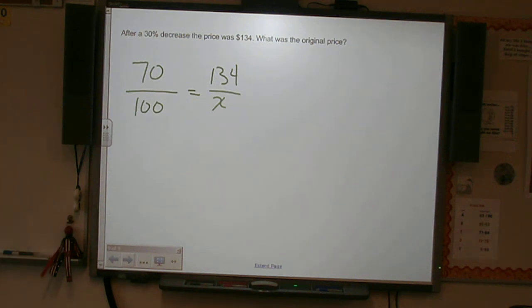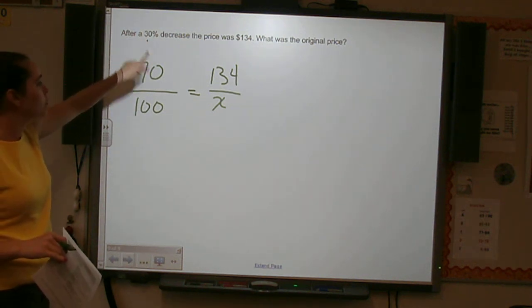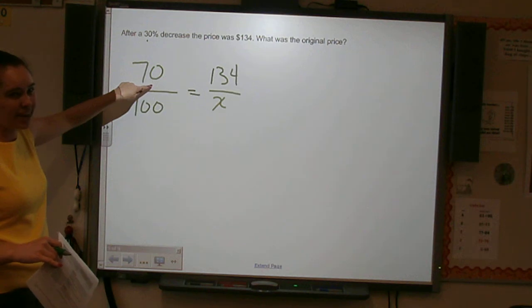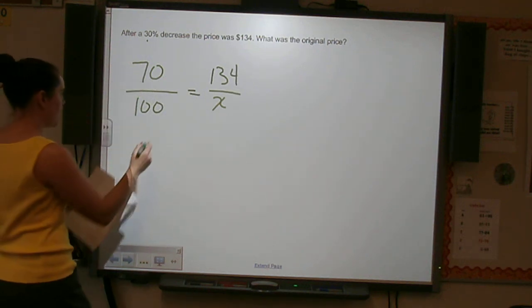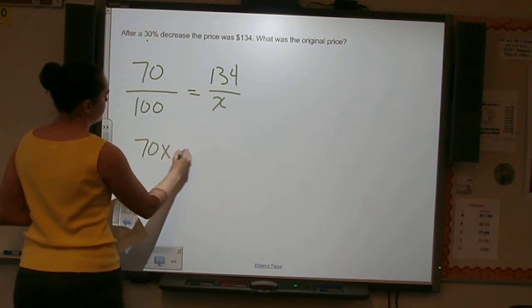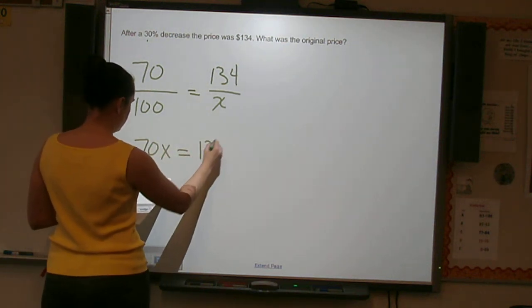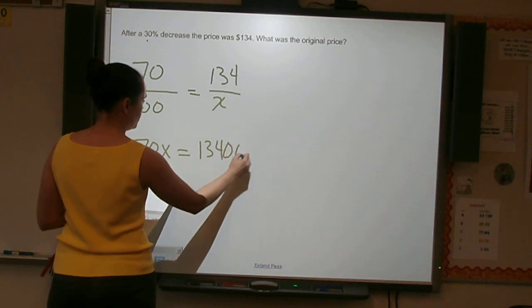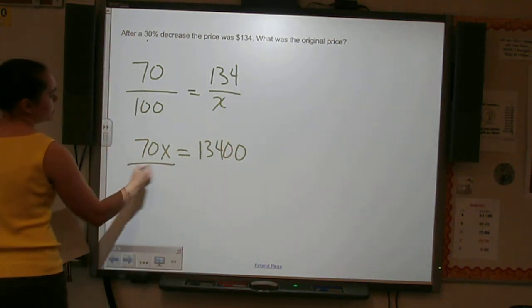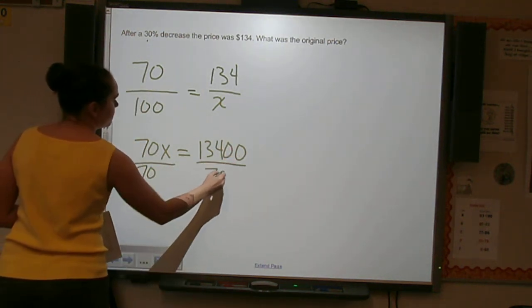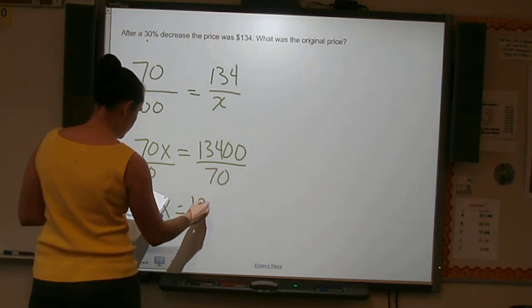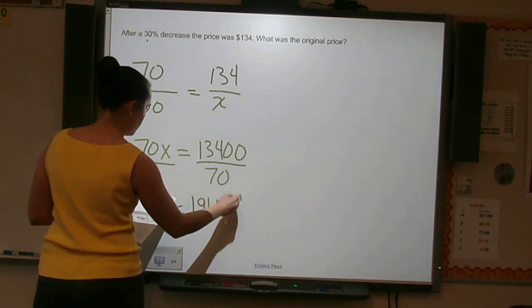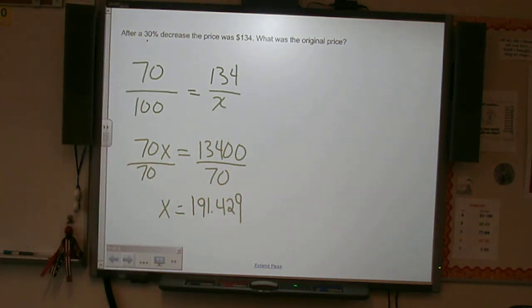Okay, so notice that the only way we used 30 was to determine that we're paying 70% of that total cost. Okay, so then we cross multiply and we get 70x is equal to 13,400. And then we divide both sides by 70 and we get x is equal to 191.429. Okay, so the original price was 191.429.